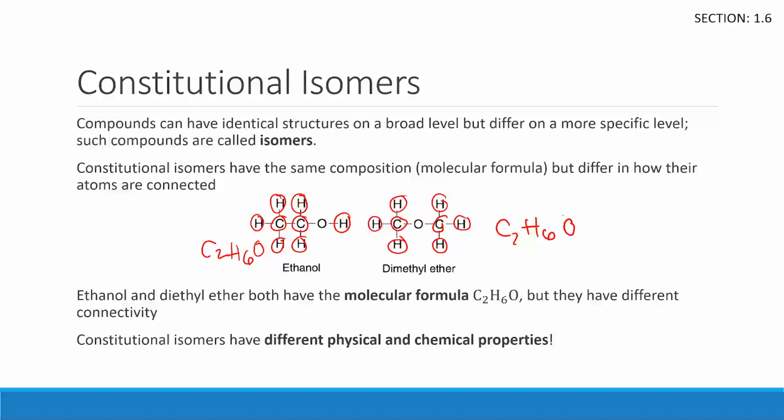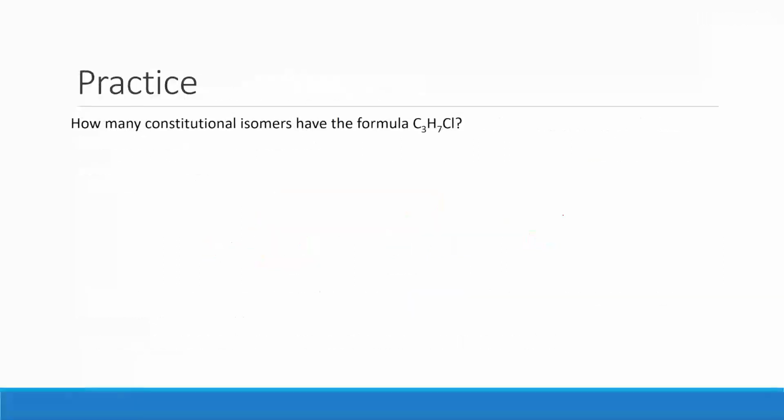So again, they have the same molecular formula, but as you can see in this presentation, they have different connectivity, and this makes them very different. They can have different physical properties and different chemical properties. So we're going to be talking a lot about different isomers and how one formula could be a different entire chemical based on structure.